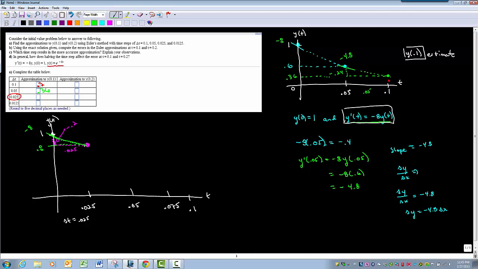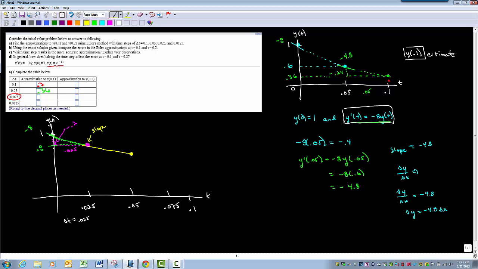So now I'm going to use this point's slope. Let's do that in yellow. Its slope to get over to here is given by negative 8 times the y value.